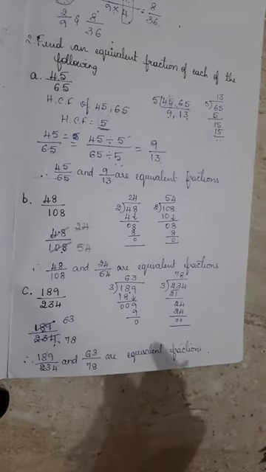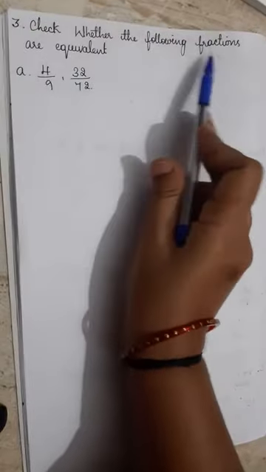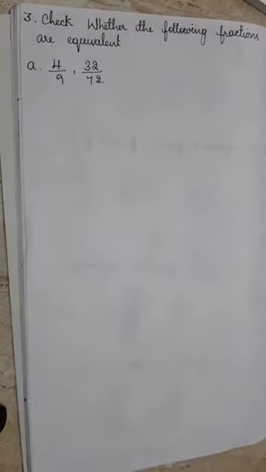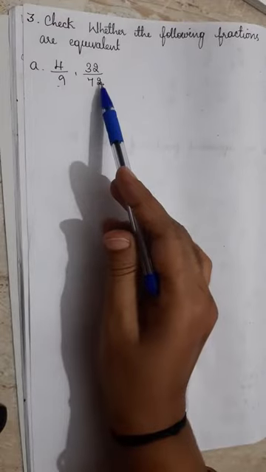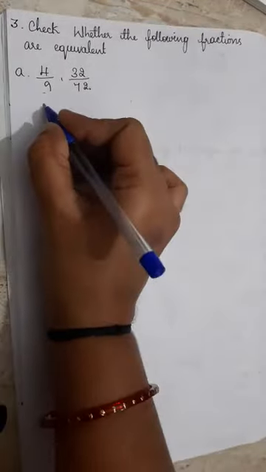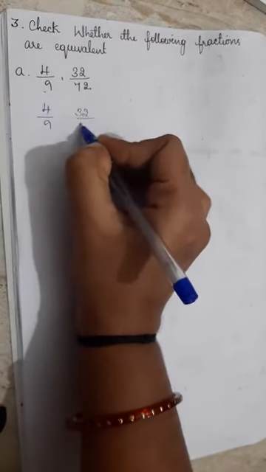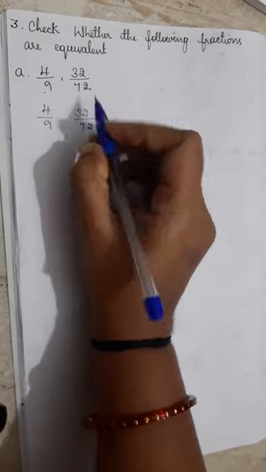Still two more problems are there. Please try to do them by yourself. The third one is: check whether the following fractions are equivalent. They've given you two fractions, and your work is to check whether they are equivalent or not. So you write down 4 by 9 and 32 by 72. What you should do is cross multiplication.